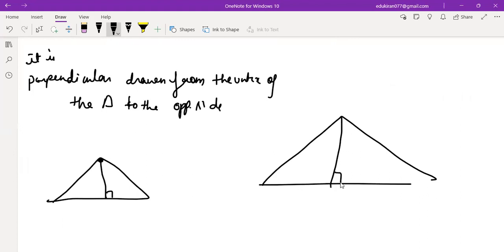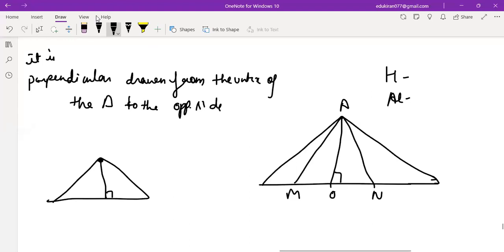A M O N. Tell me from this, which one is your height and which one is your altitude?